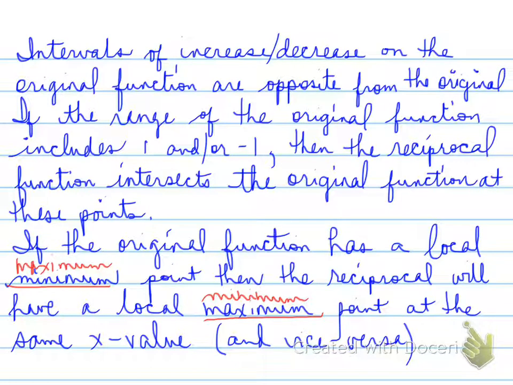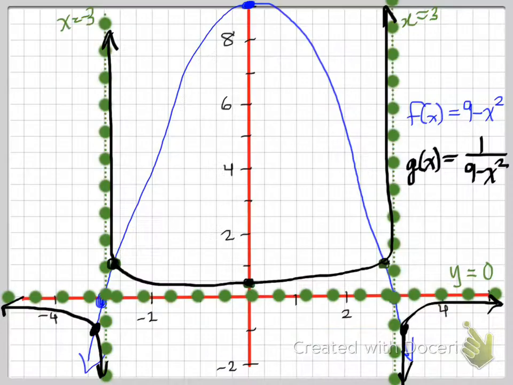If you're not sure what I'm talking about there, let's go back to the graph so I can rephrase that again. Remember that this particular parabola had a local max way up here. You can see it here. And this maximum turned into a minimum on this graph. It's called the local minimum because notice that there are minimums going on either side.